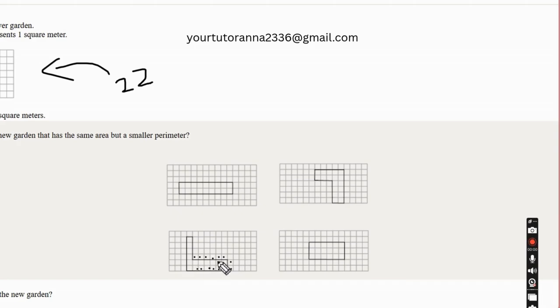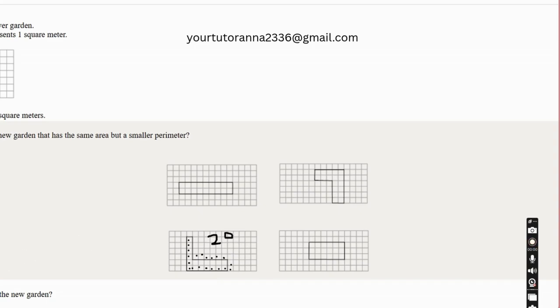Again, you're not supposed to count inward, but I'm just going inward because the blocks are inside. So you can just do this above. 1, 2, 3, 4, 5, 6, 7, 8, 9, 10, 11, 12, 13, 14, 15, 16, 17, 18, 19, 20. So this is going to be 20. You can count it again by yourself.